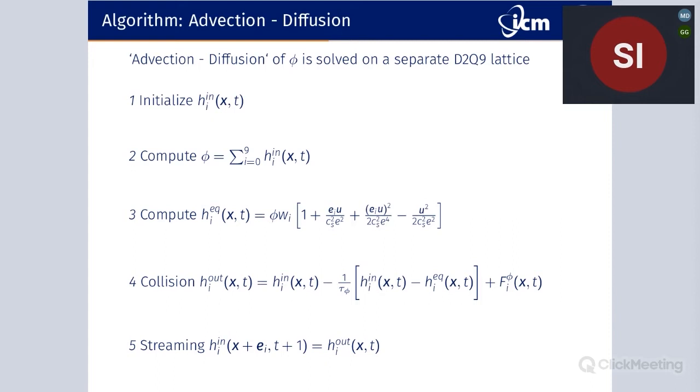And instead of the f letter, we'll use a different letter. This will be a different variable in the code. And it will account for the distribution of this passive scalar field. And the coupling is given in terms of the velocity. So here we plug in the velocity of the external flow solved in the hydrodynamics field by these f distributions.